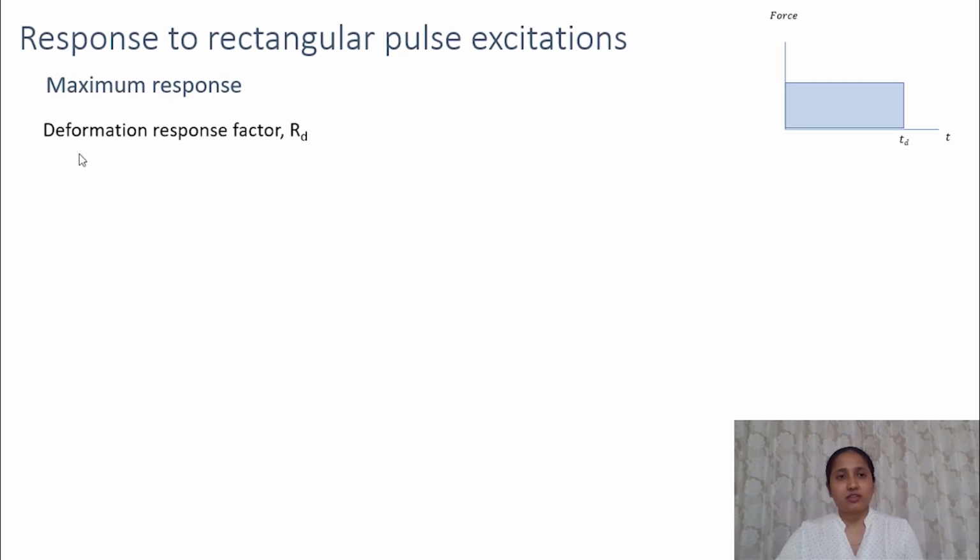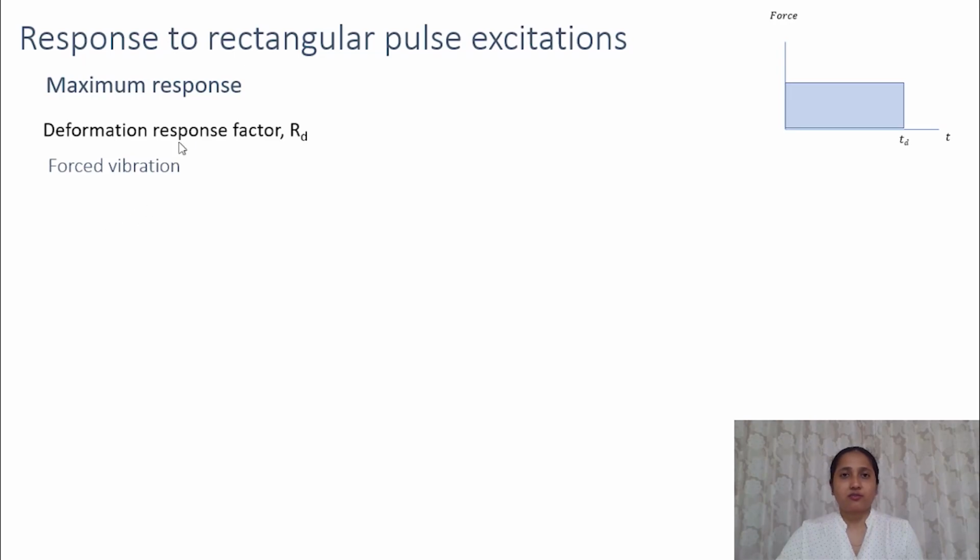Now let's find the maximum response during the rectangular pulse excitation. So we can calculate the deformation response factor Rd. We have calculated this earlier also. So this Rd is equal to the dynamic amplitude divided by the static deformation. So during the forced vibration phase, we can calculate the Rd by maximizing the expression for the forced vibration response.